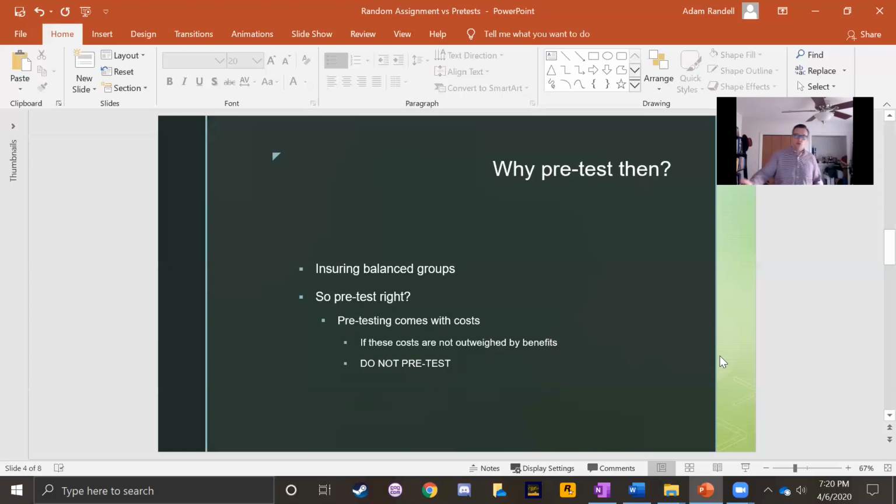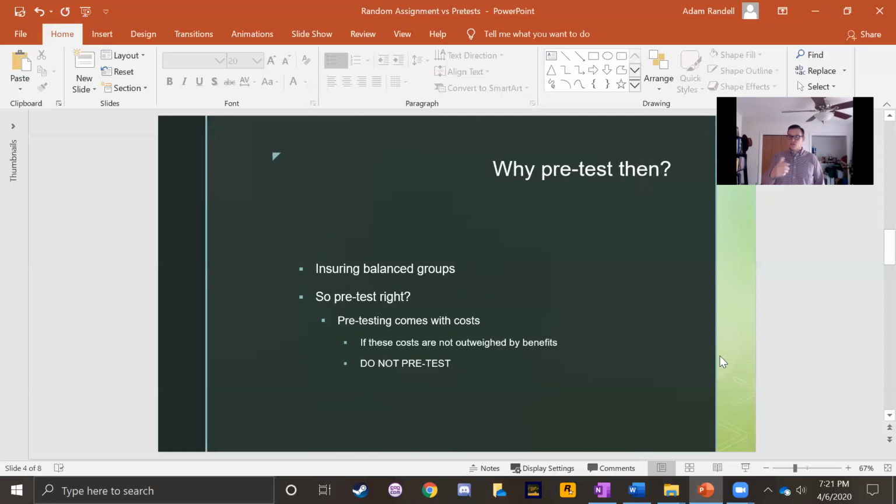What does a pretest do? Well, it can ensure balanced groups. You can make certain that your two groups are balanced on all variables other than your IV. All right. So we should pretest, right? I mean, every study should pretest, right? Well, hold on. Not necessarily, because pretests come with a lot of costs. And these costs can sometimes, in fact many times, outweigh the benefits.